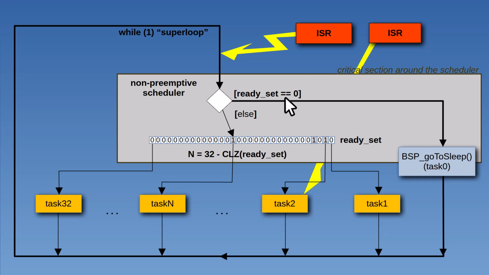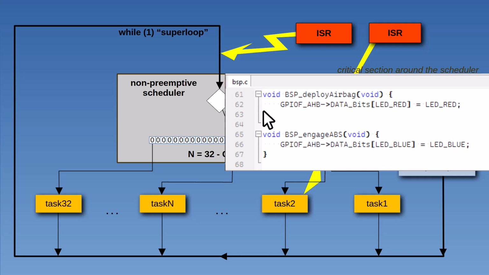If the ready-set bit mask was 0, the scheduler called the go-to-sleep function, which entered the sleep mode atomically, that is, with interrupts still disabled, and had to enable interrupts internally. If ready-set was not 0, the scheduler quickly and deterministically found the highest order 1 bit, cleared the bit, and called the corresponding task.